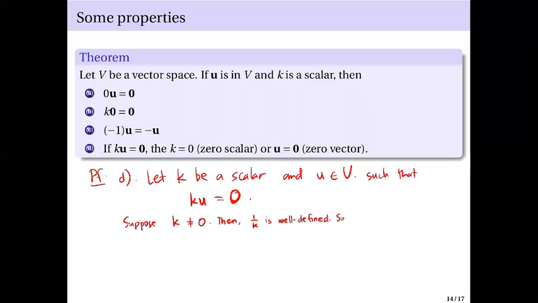So, by multiplication property of equality, we have 1 over k multiplied to ku. This is 1 over k times the 0 vector.